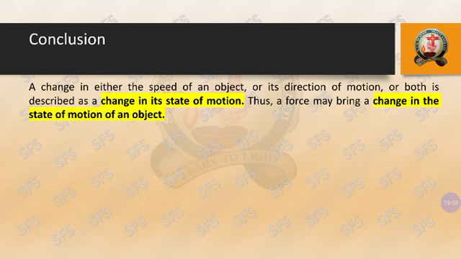Sometimes we can only change the speed, sometimes we can change both the direction and speed. So in general we call this terminology a change in state of motion. Thus a force may bring a change in state of motion of an object. So with the help of force, we can bring a change in state of motion of any object.